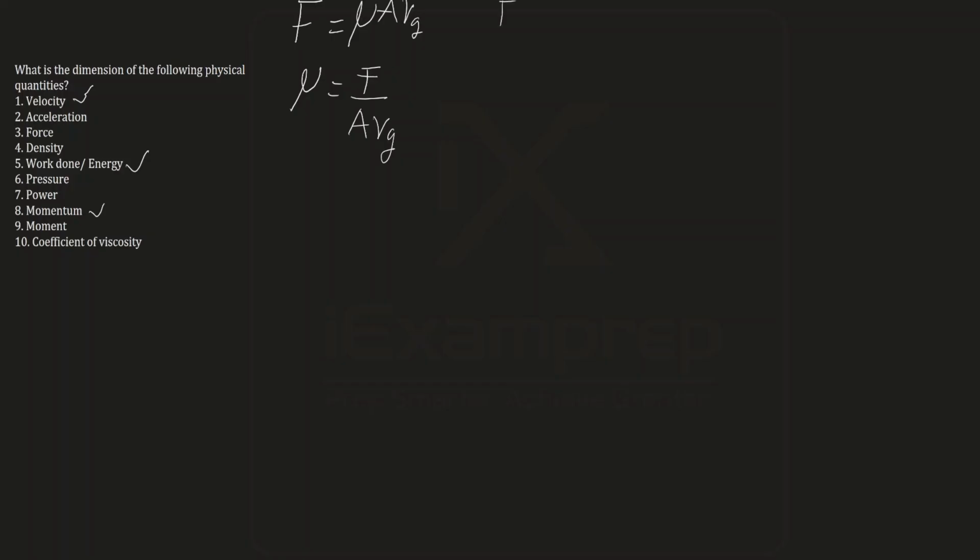Dimension for force is, since force is mass times acceleration, that is going to equal MLT to the power of -2. Dimension for area, since area is length times breadth, is L squared. Dimension for velocity gradient is velocity over length.